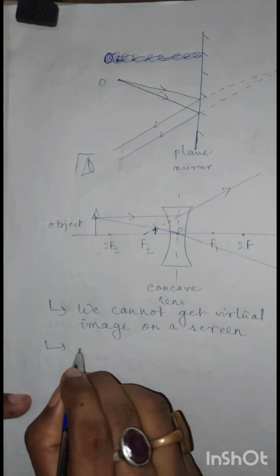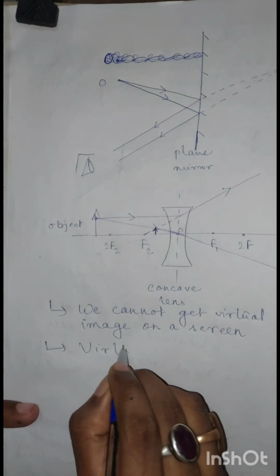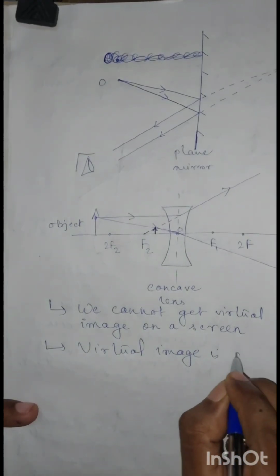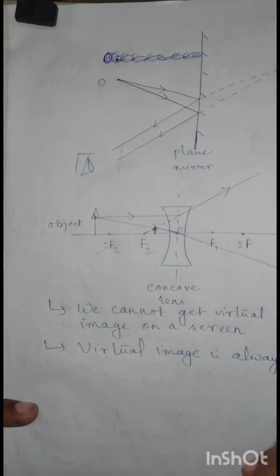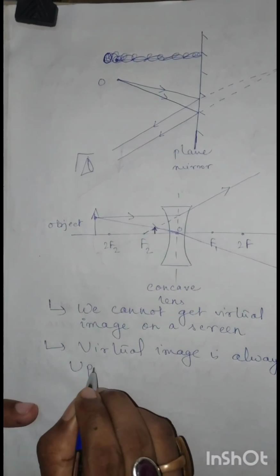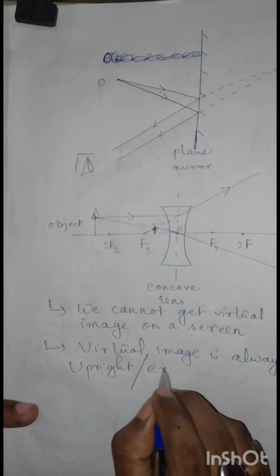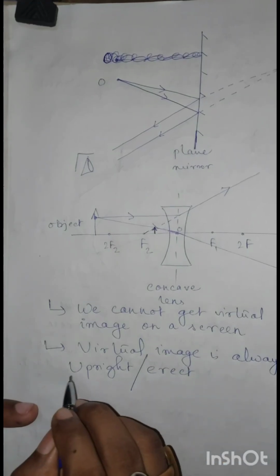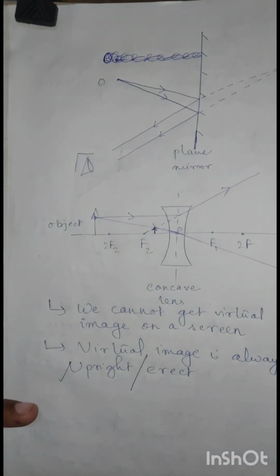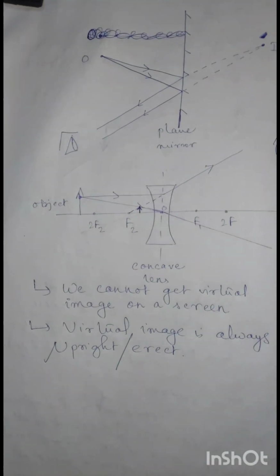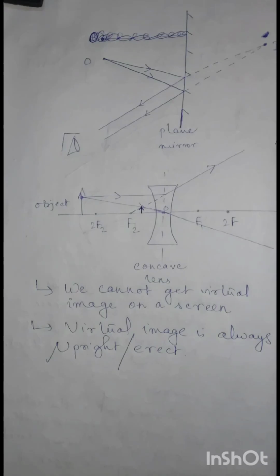And second, a virtual image is always upright or erect.